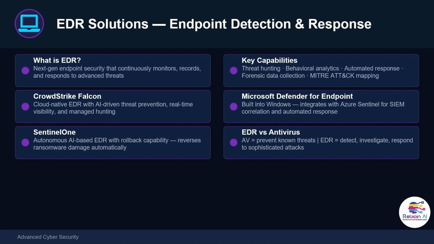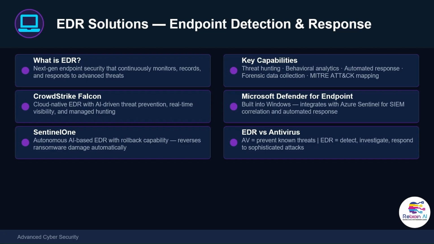CrowdStrike Falcon is probably the most well-known: cloud-native, lightweight agent, incredible threat hunting. In fact, CrowdStrike was the company that investigated the 2016 DNC hack. SentinelOne has an incredible feature, autonomous rollback.